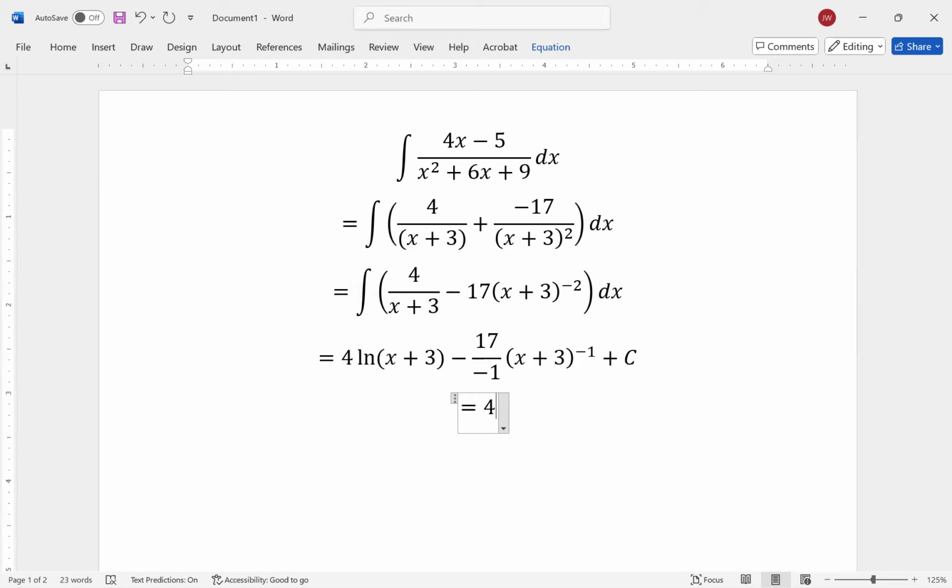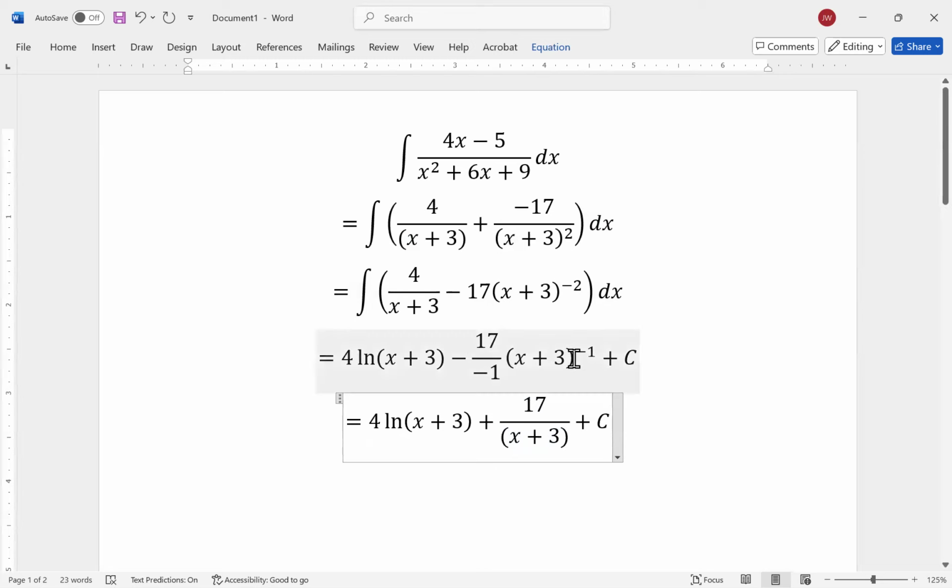We're going to get 4 times the natural log of x plus 3 plus, if I write it in fraction form, a positive 17 divided by x plus 3 to the first power.